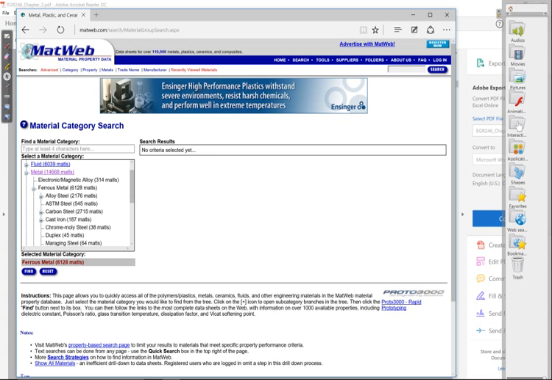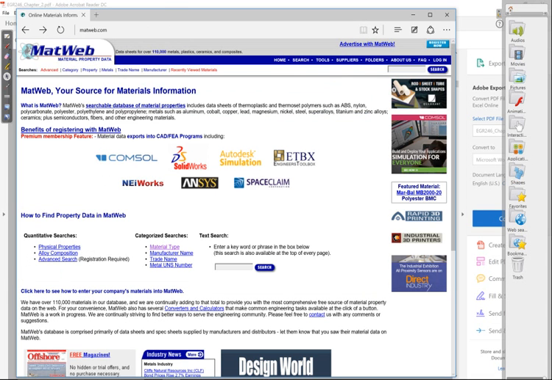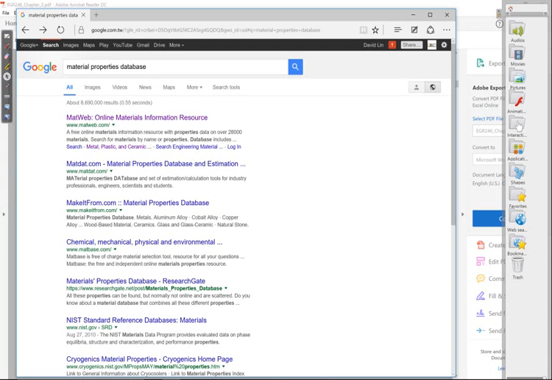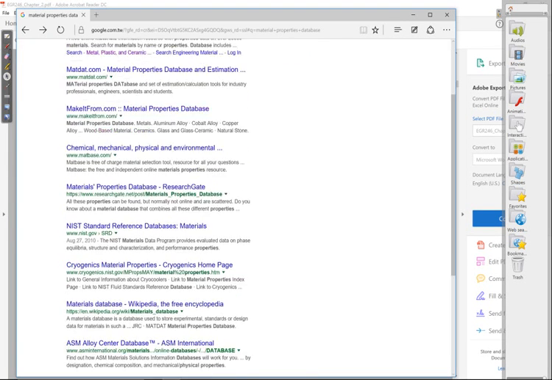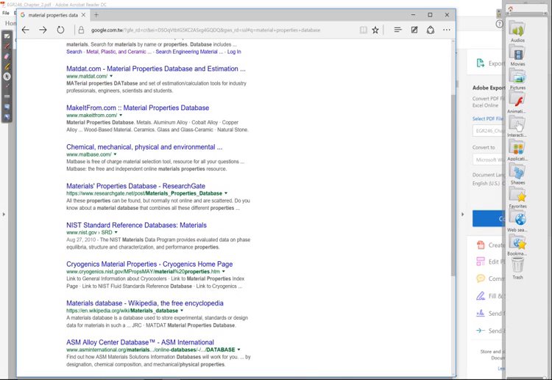This seems a little too detailed. Actually, this is not a good one because this is if you're looking for a very specific type of alloy. What I want is a more general type. All right, let's see. How about this one?